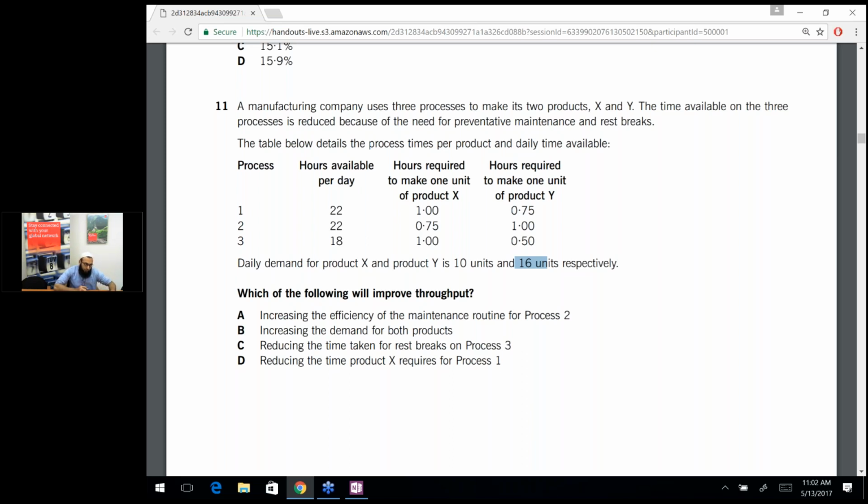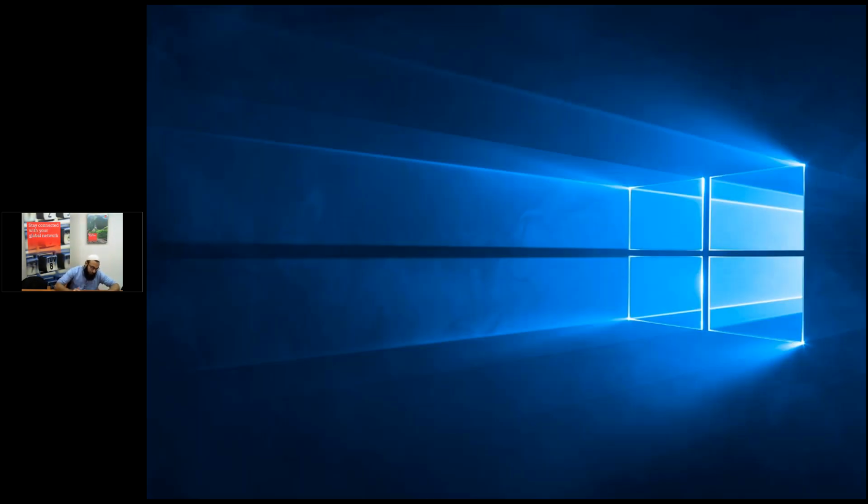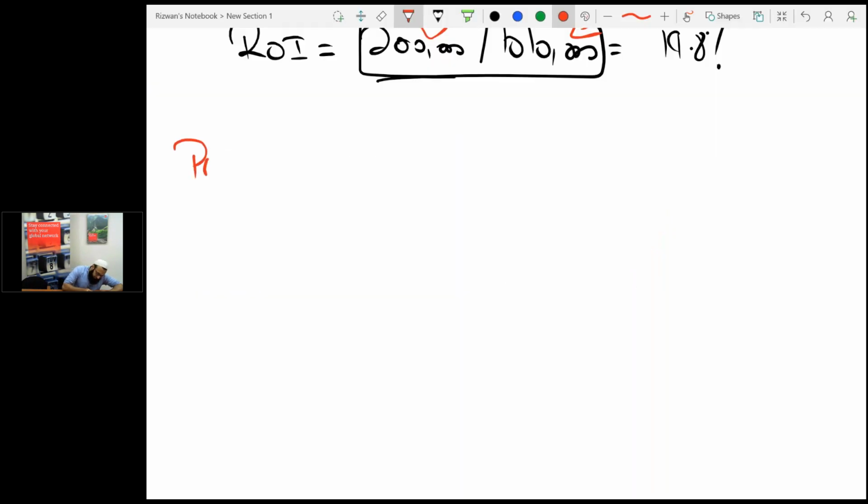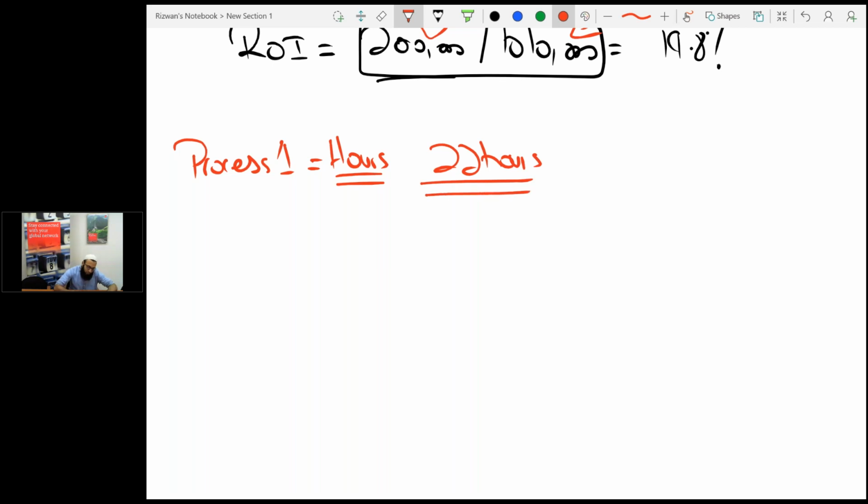My friends, we simply need to multiply the daily demand with the hours per unit. Okay. Now process 1. Hours available are how much? Process 1, hours available are 22 hours.